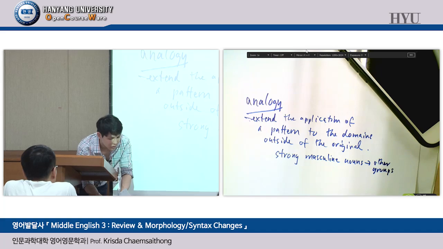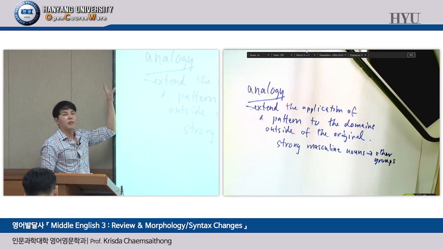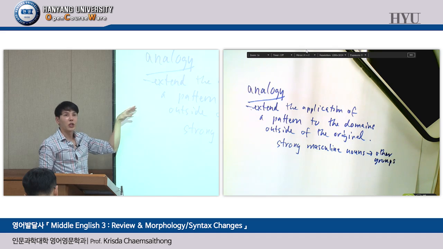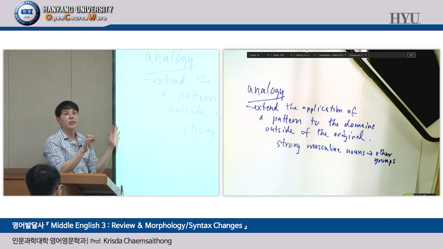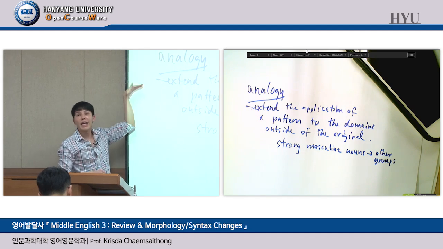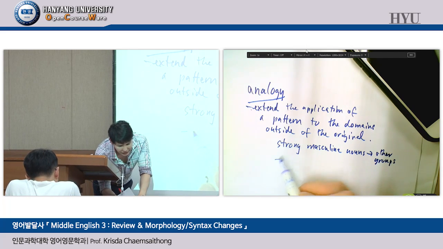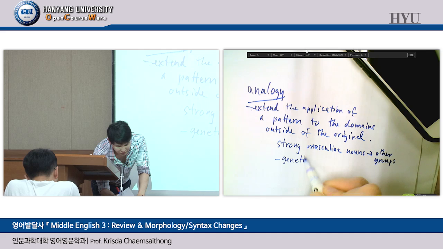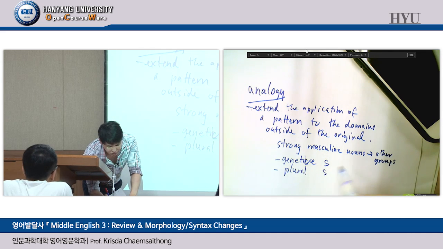In this case, you extend from strong masculine noun, the pattern from stone, right? The pattern that you saw in stone, stona, stonum, and to other noun groups, right? So we call it analogy, analogy of the genitive S ending, and also plural S ending to other nouns.